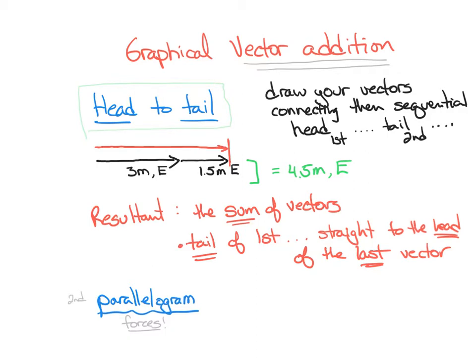Now, I can't draw it on top of them, because then you can't even see it. You would no longer be able to see the 3 and the 1.5. But if you do this to scale, and you are strict about that scale, and you add up the total length of this line, and then you multiply by the scale factor, you should get exactly 4.5. So we're going to label that as 4.5 meters east.